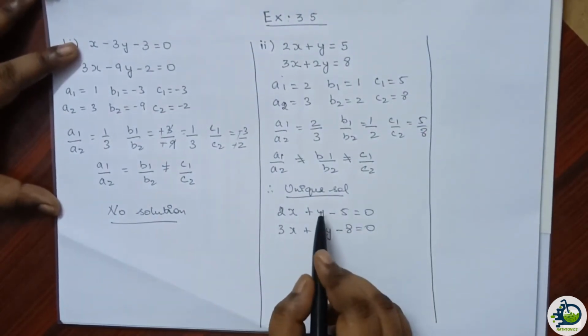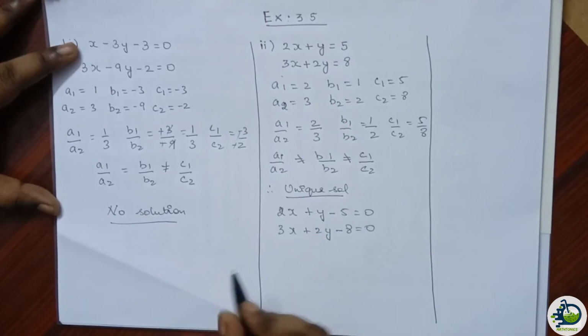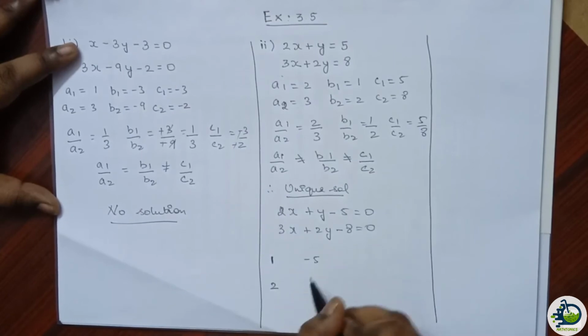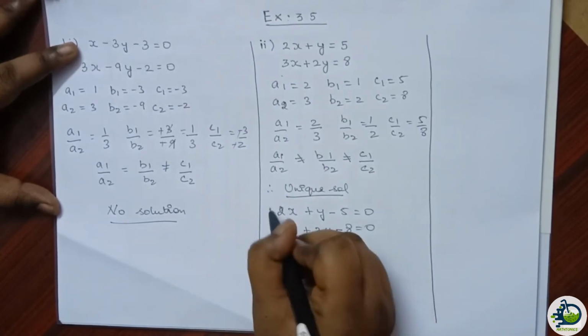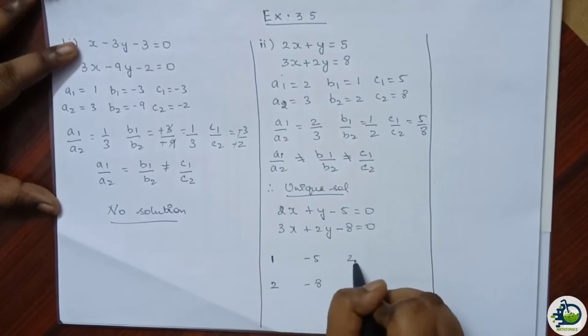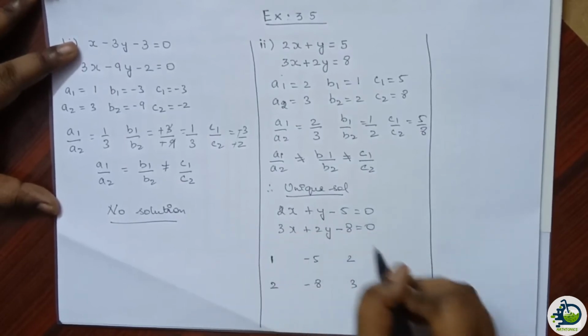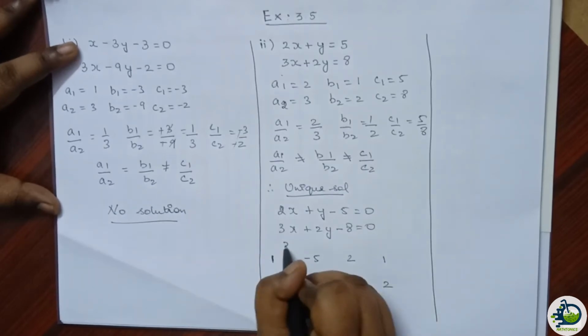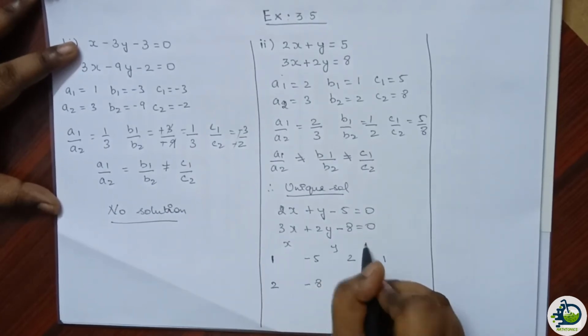We have to write the coefficients of y first. So 1, 2. Then the constant terms minus 5, minus 8. And then the x terms 2, 3. And then again the coefficients of y, 1, 2. So here x, y, 1.